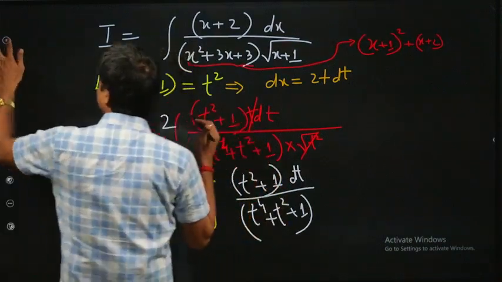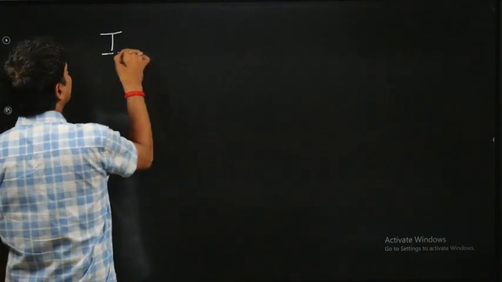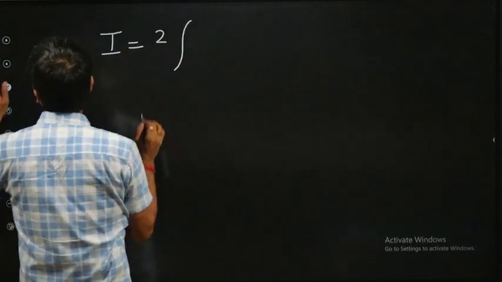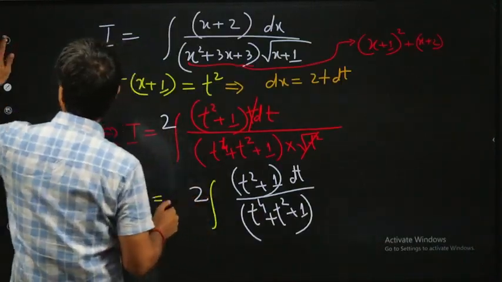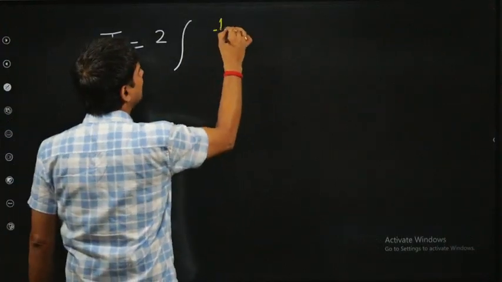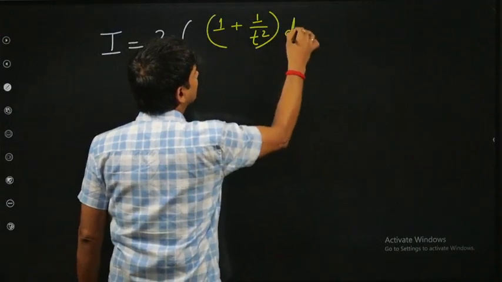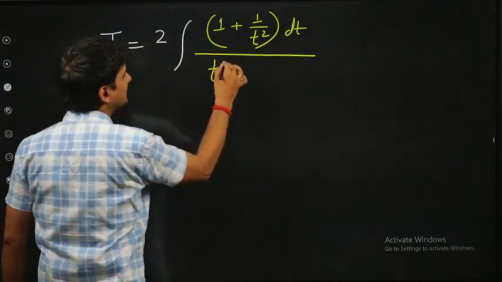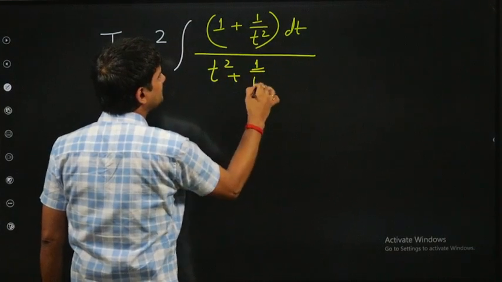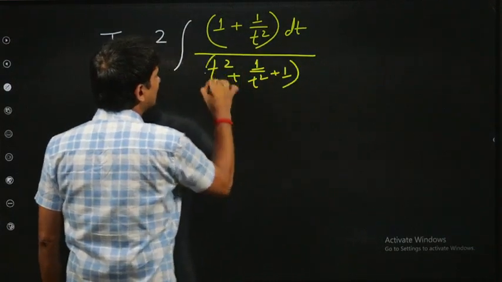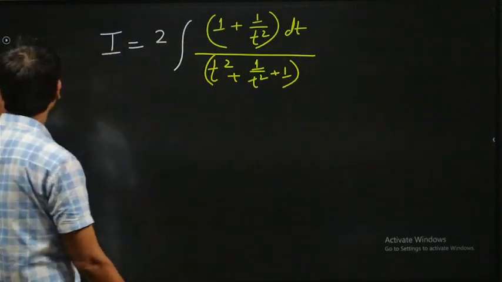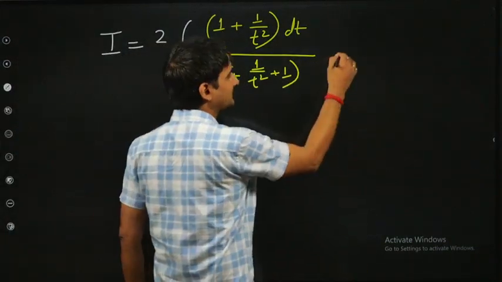So what I said, divide both numerator and denominator by t square. So what do we get? When you divide the numerator by t square, we get 1 plus 1 by t square, dt is in the numerator, and in the denominator we get t square plus 1 by t square plus 1. Now there is something very special related to the expression t square plus 1 by t square.